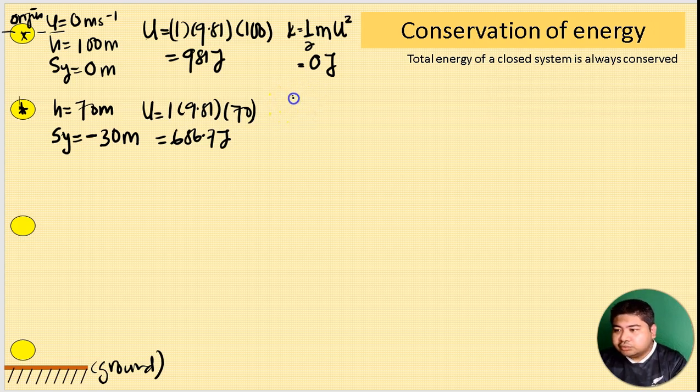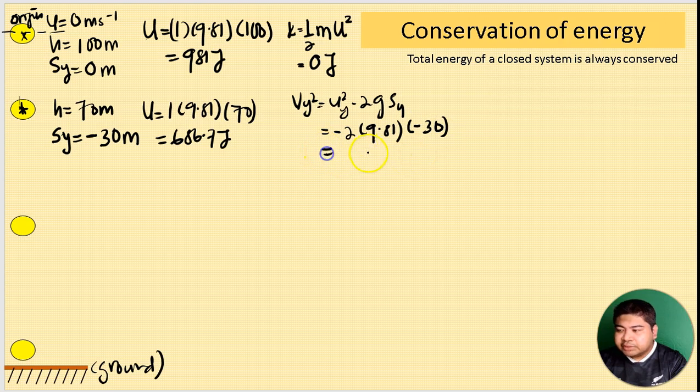So we are going to use the equation Vy squared equals Uy squared minus 2gs. Uy is 0, so minus 2 times 9.81. Now we are going to substitute the value of Sy, negative 30. Alright, so we are going to get 588.6.